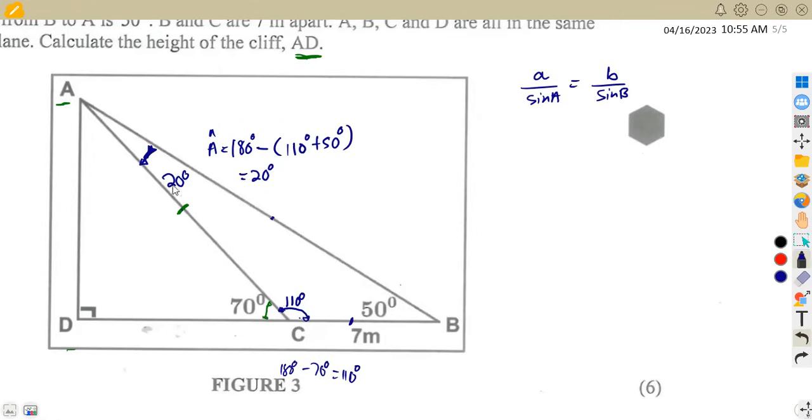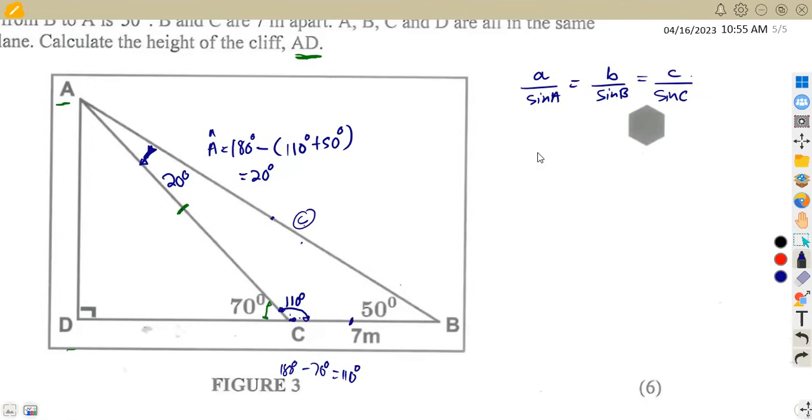Or if you want to use, since it's already ABC, let us just also use C over sine C so that we can take it as an advantage. So this is our C here over the sine of C, which is 110. So we are going to have this C here, which is our AB.